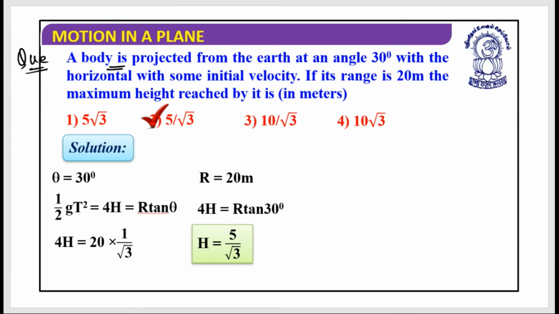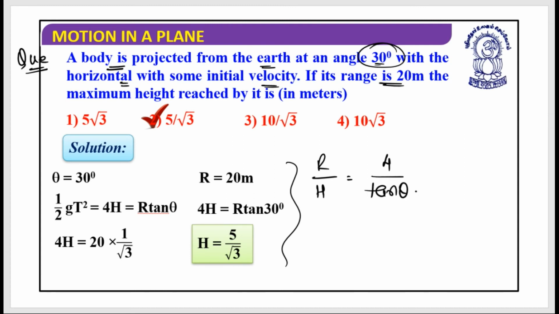It says that a body is projected from the earth at an angle of 30 degree with the horizontal with some initial velocity that we don't know, and its range is 20 meter. Find the maximum height reached by it. You might remember that we have derived this relation in our classes. It's R by H should be equal to 4 by tan theta.